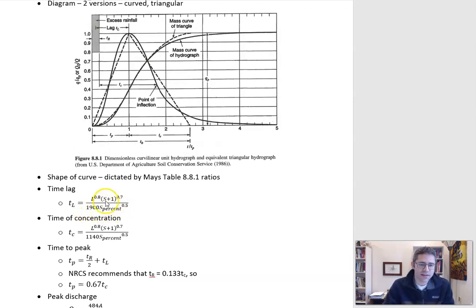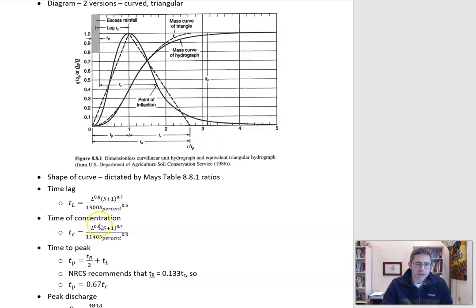This is different than this S. S percent is the average slope of the basin in percentage. So if we have an average of a 3% slope from the top of the watershed to the bottom, 3 is going to go in for that value to the 0.5 power. Okay, so we can plug all that in and get this time lag.